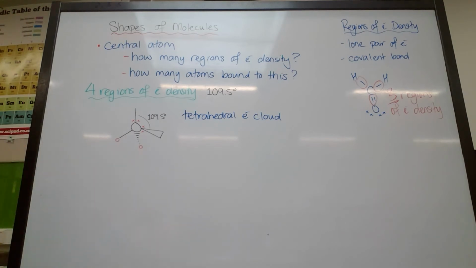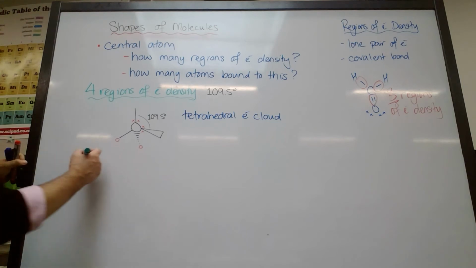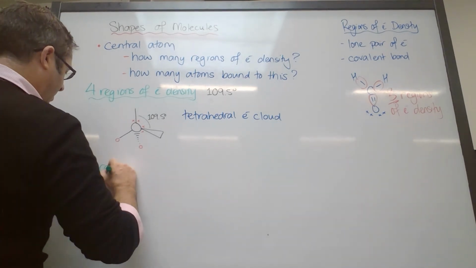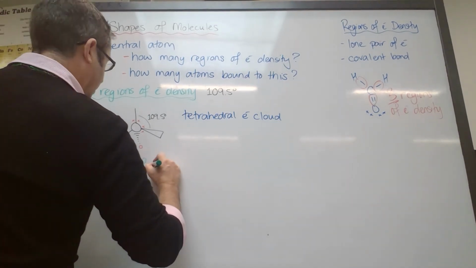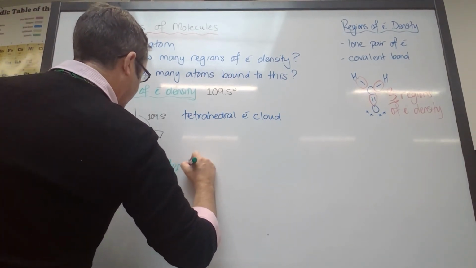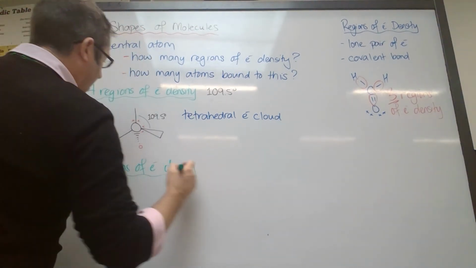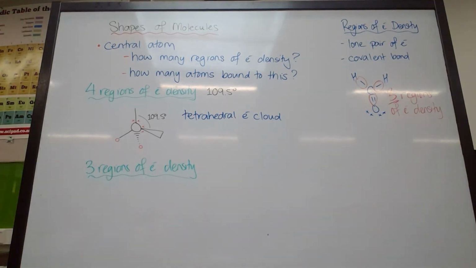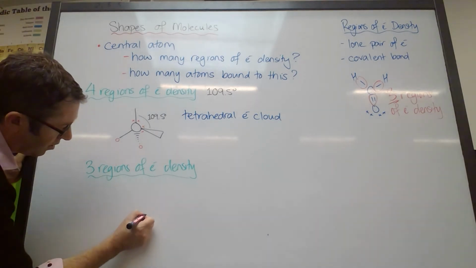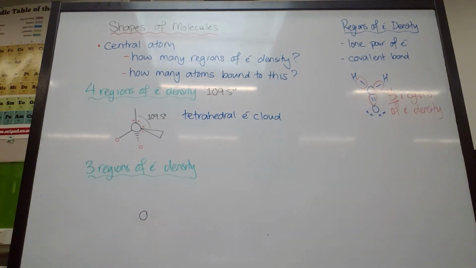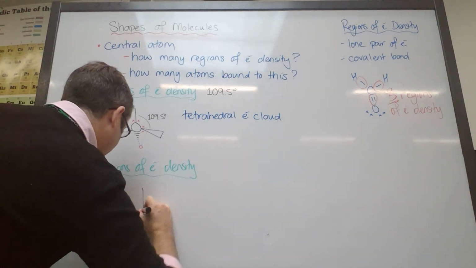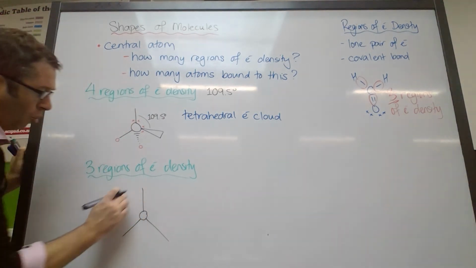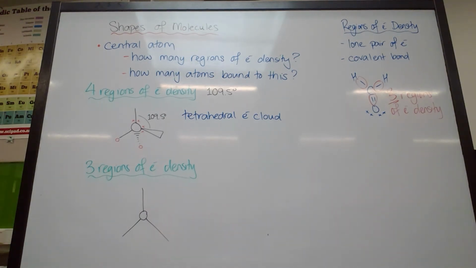For three regions, which is the only other one that's a bit tricky, because it's got a couple of shapes, we can draw these very easily on a page, because the best way to spread three regions of electron density out in three-dimensional space so that they're as far away from each other as possible is that they are the corners or apexes of an equilateral triangle.